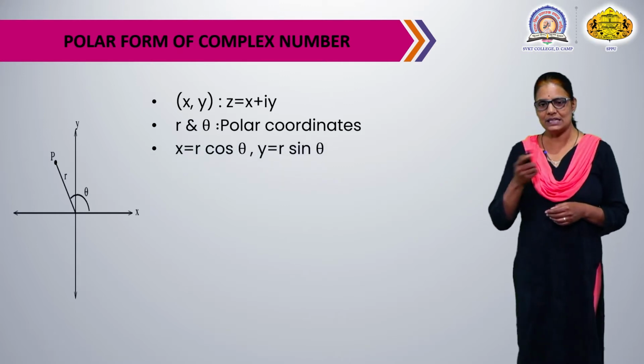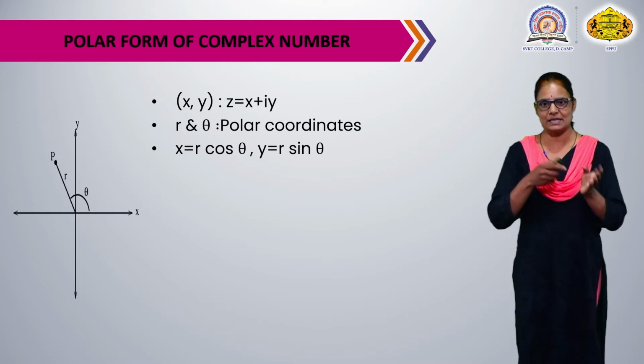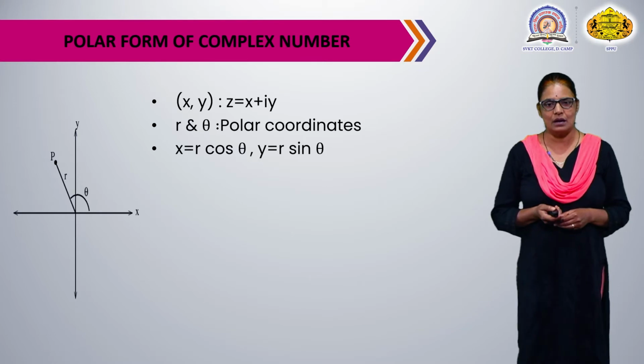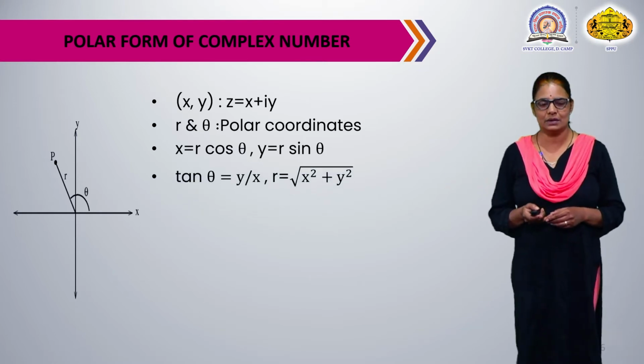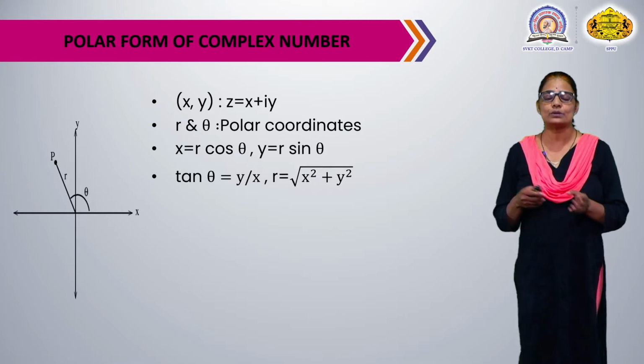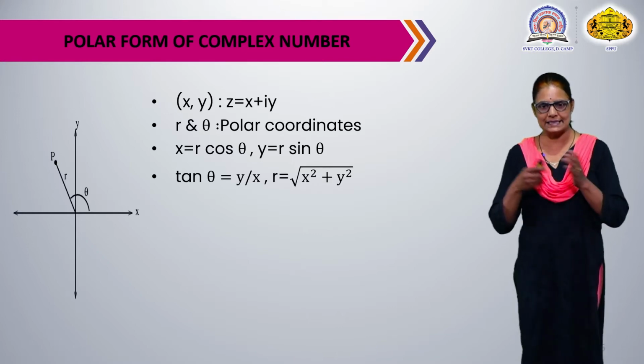These are the relations between polar and Cartesian coordinates, that is, we express x and y in terms of r and theta. Also we know that theta and r, both polar coordinates, can be written in terms of x and y.